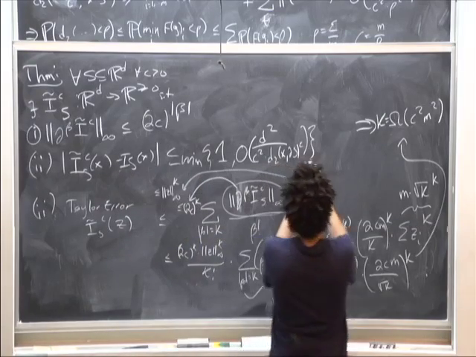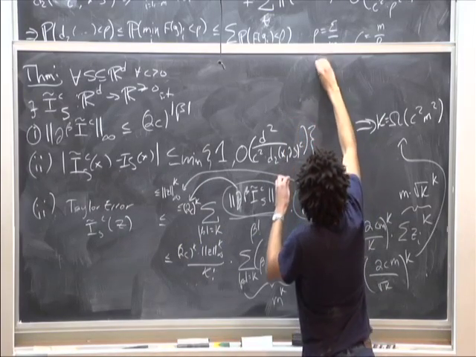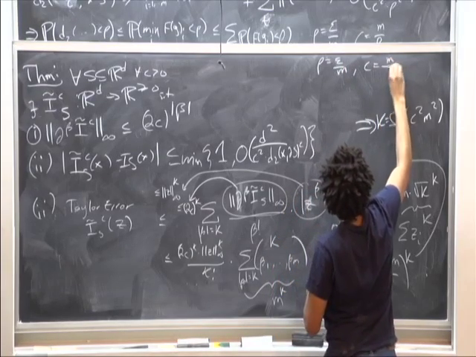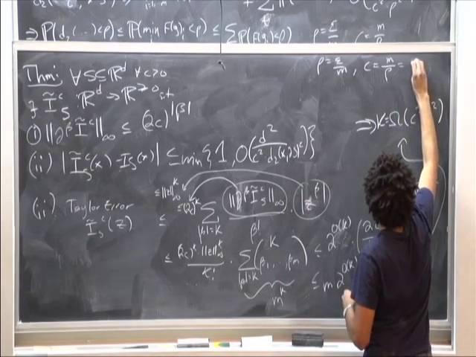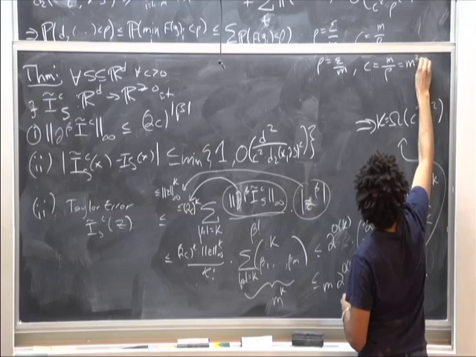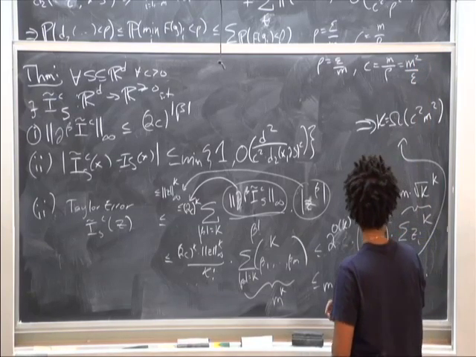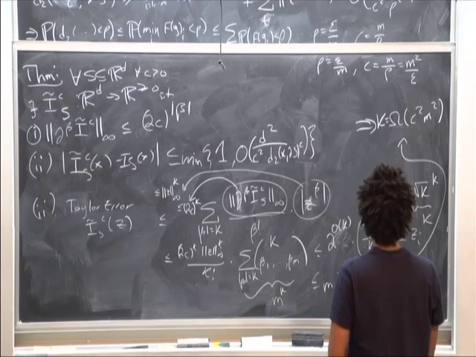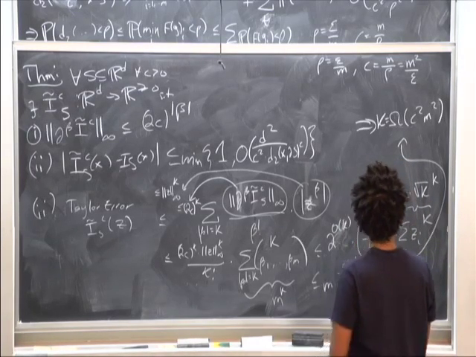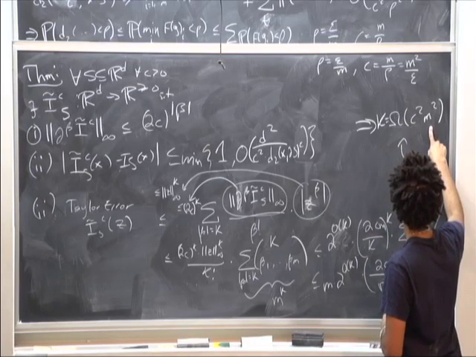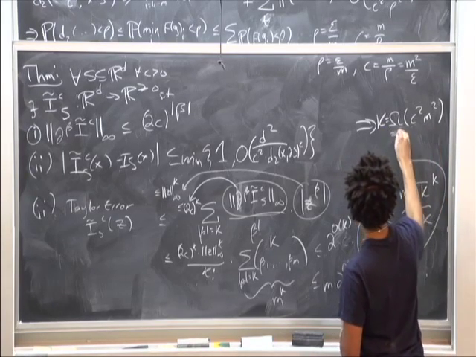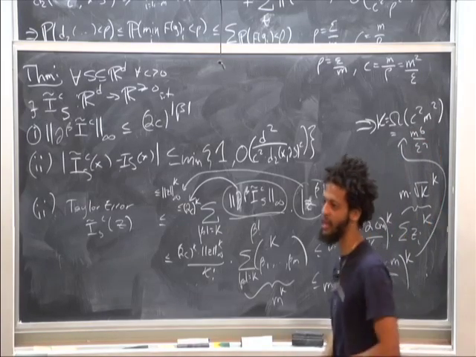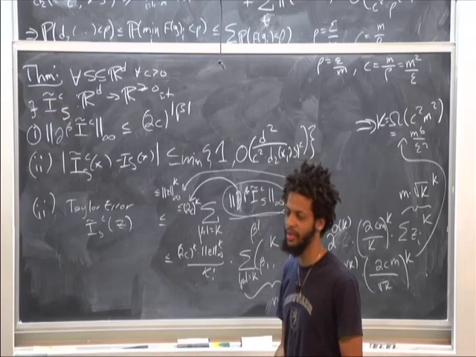So that right here says that rho was equal to epsilon over m, and c was equal to m over rho, which is m squared over epsilon. Is that right? And now we're saying that k needs to be c squared m squared, so that's equal to something like m to the 6 over epsilon. Okay, good, so I didn't lie. I'm not going to do the last step. It's similar to things we've seen.